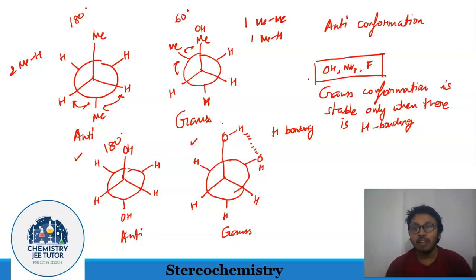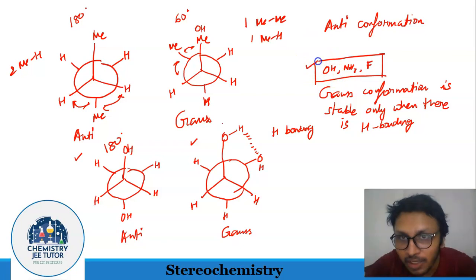But whenever hydrogen bonding is possible, the hydrogen bonding energy compensates the steric hindrance and makes the Gauche conformation more stable. So if you are given a Newman projection and asked to depict stability, you first look at hydrogen bonding, or you first look whether there is an OH group, NH2 group, or a fluorine group. Remember this table. These groups only show hydrogen bonding.